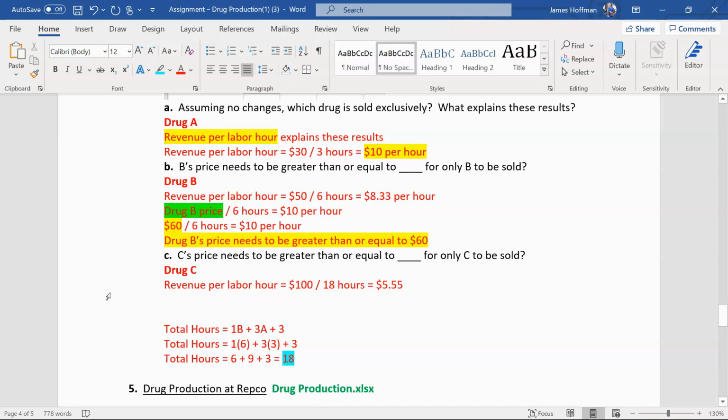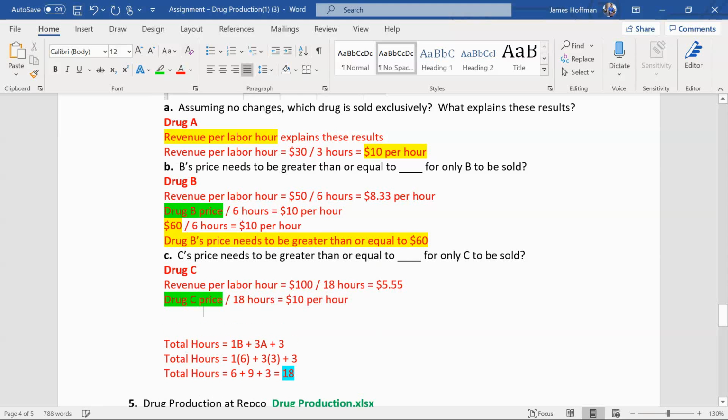Okay, now let's finish the problem here. We need to see what the price has to rise to be equal to $10 per hour. Alright, so what does drug C's price have to be to give us $10 per hour?